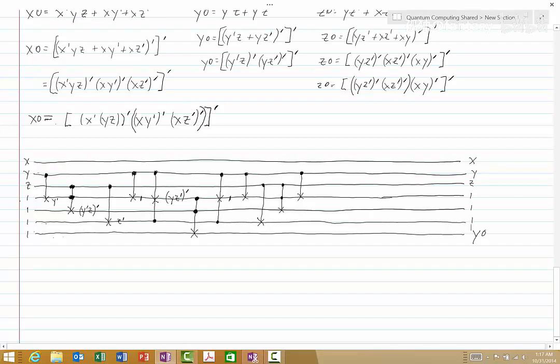Your book talks about this in some detail, but the general idea of undoing some of your work to conserve on the number of scratch lines is an issue that they stress in your text. And so this is what they mean by that. This is an example of what can be done.